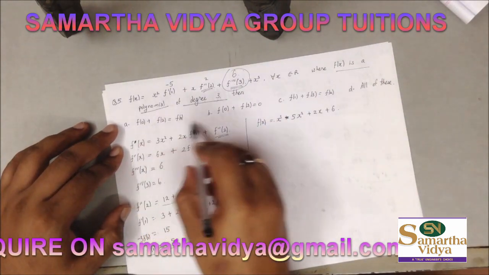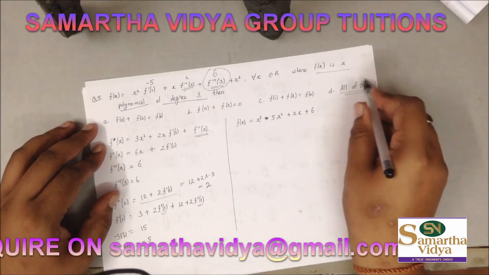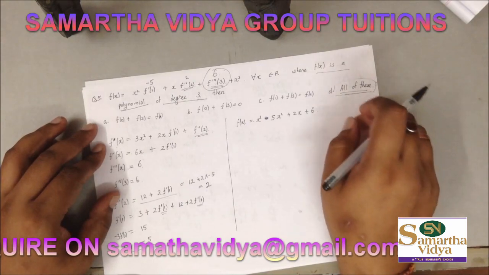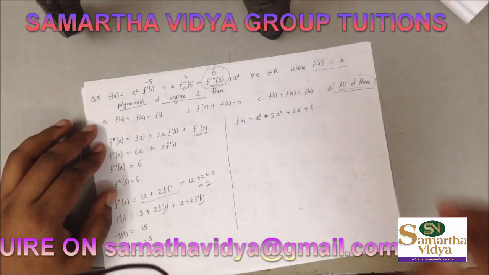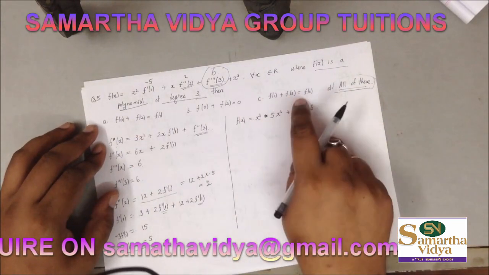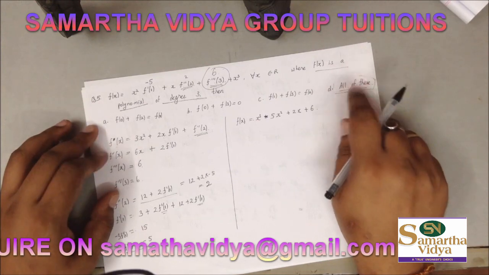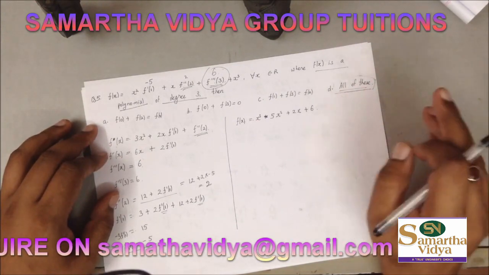Now let us see the options. This is very important. It is an indication that I have to check whether each and every option is valid or not. If all these three are valid, then I have to select option D, because that's the basic trick, or basic twist, given to us.